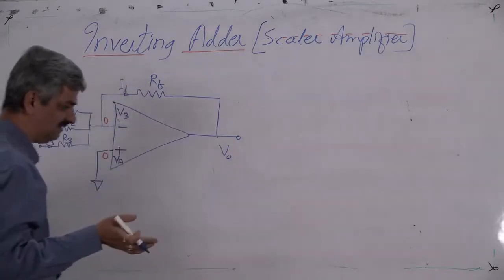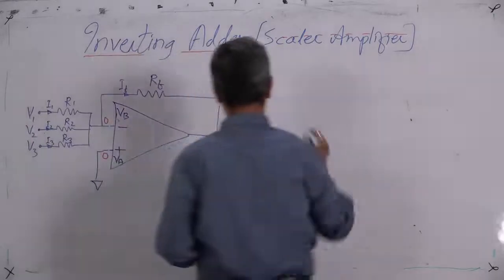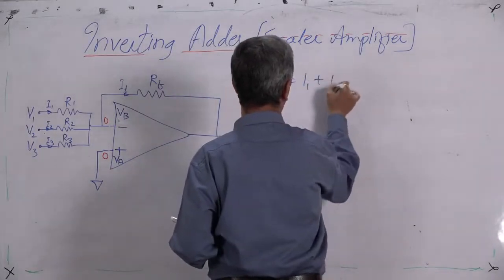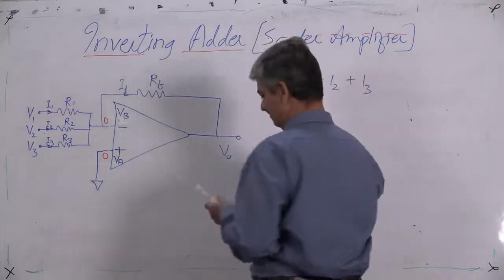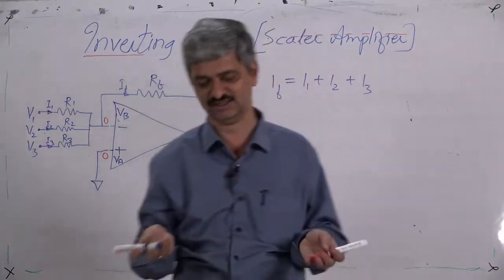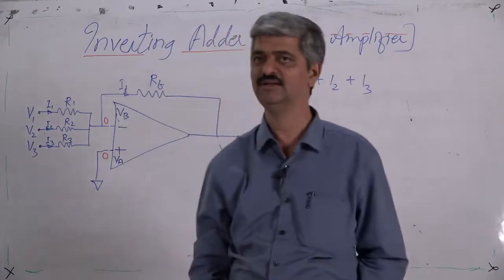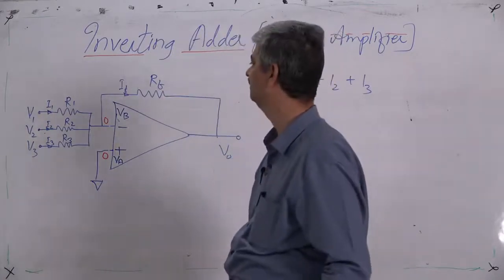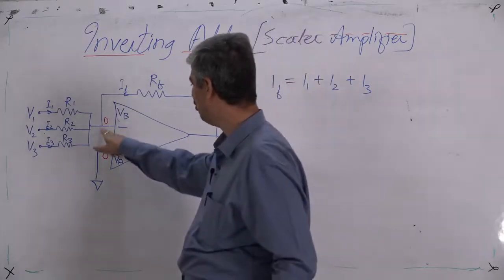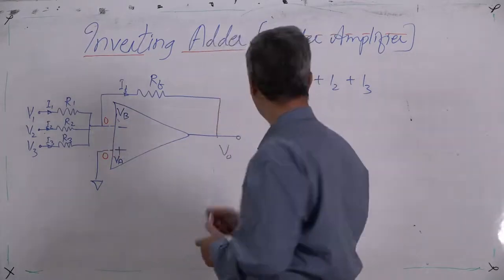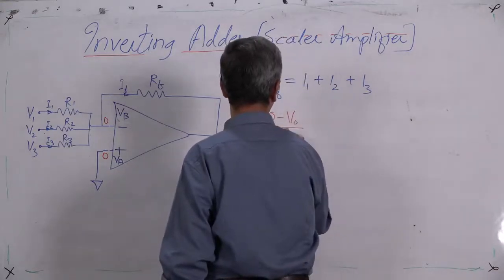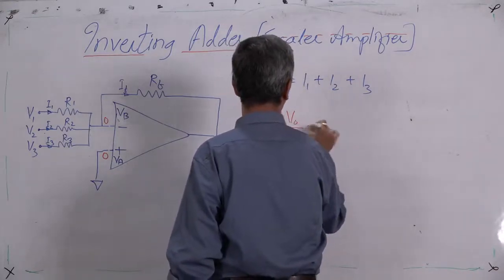So simple, nothing to specifically write. IF is equal to I1 plus I2 plus I3, that is Kirchhoff's law at the inverting terminal, and each current is to be found by Ohm's law. So what is IF? IF is 0 minus VO upon RF, is equal to, what is I1?